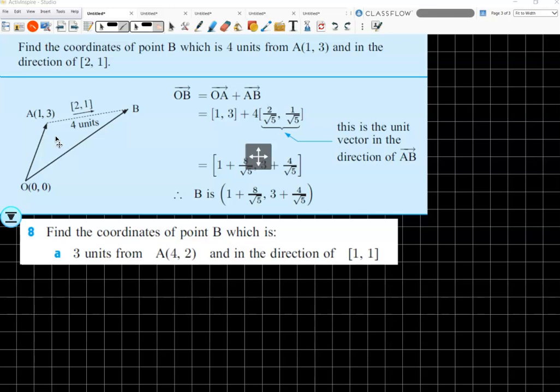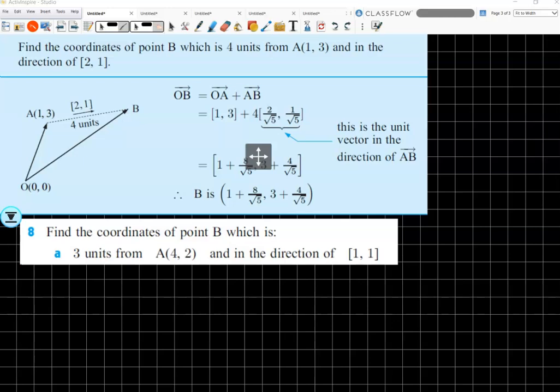Right, so we want to find the unit vector of this one because that's going to be heading off 1 unit in the same direction. And if we want to go in that direction by 4 units, then we just times it by 4. Add those vectors together. That will actually give me OB, and then I can find B. Make sense?